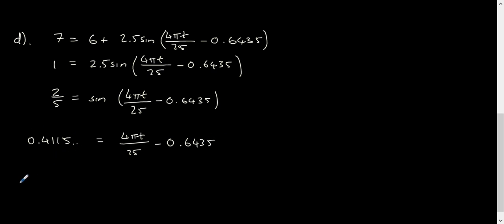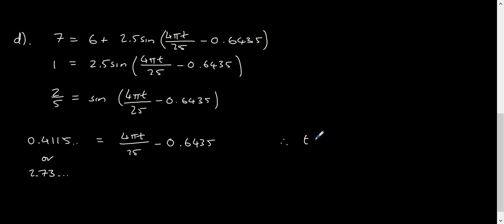Using the sine curve, the sine transformation, we're going to have to use pi minus this answer as well. So we'll do pi minus the answer, and we get 2.73 as our other answer, 2.73.